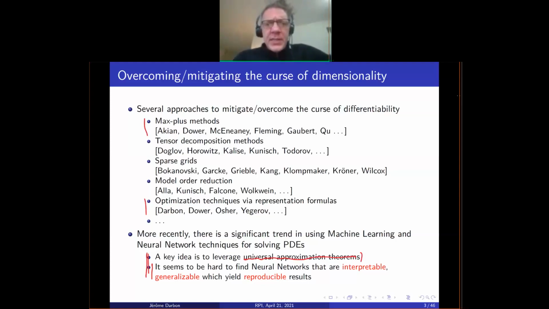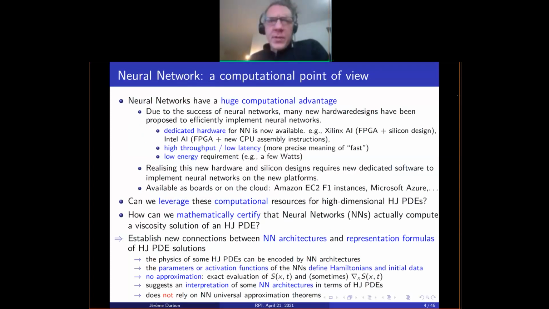There is another advantage of using neural networks, and that is from a computational point of view. Because of the huge success of machine learning and neural networks for many applications beyond PDEs, many companies have proposed new hardware designs, new silicon designs for implementing neural networks, not on usual processors, but on dedicated hardware.